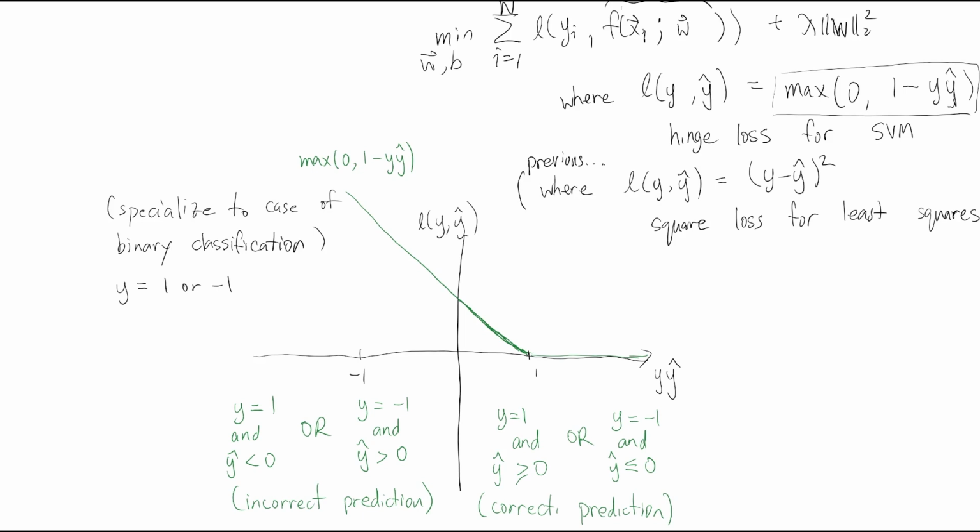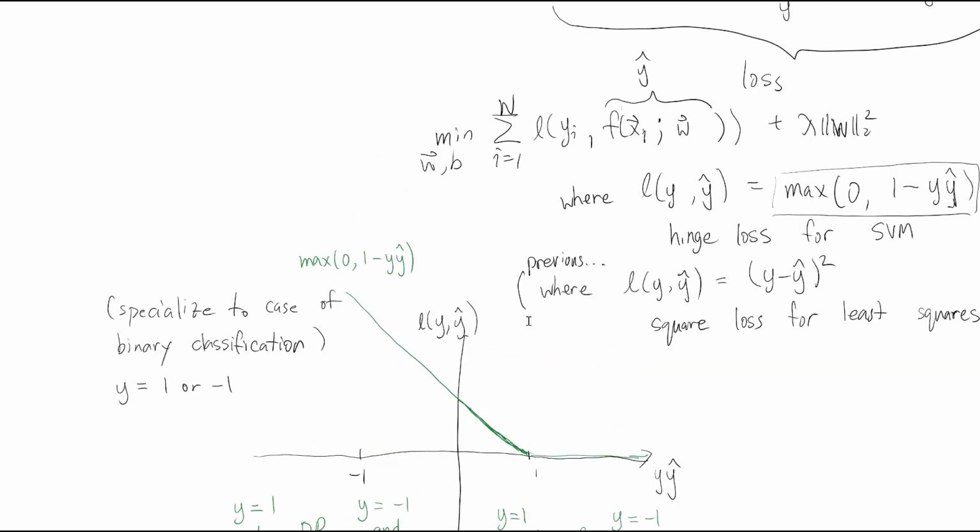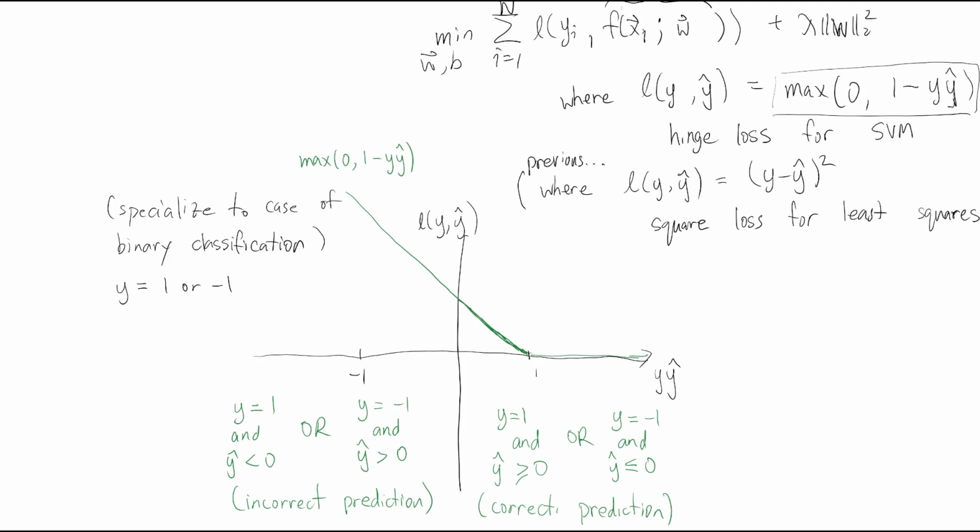So now let's compare this to the square loss. What would happen if we use the square loss to do classification? In order to look at this, we have to do a bit of math first. So let me make some room. Okay, I'm going to start writing on the right side here.